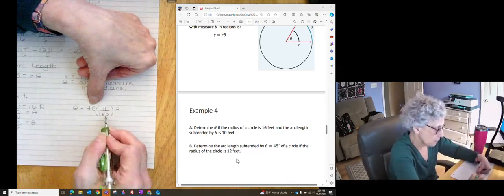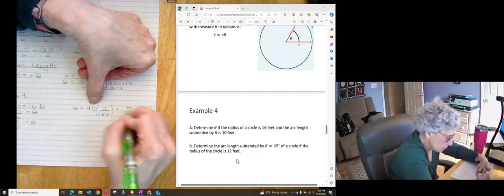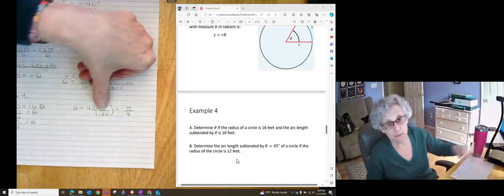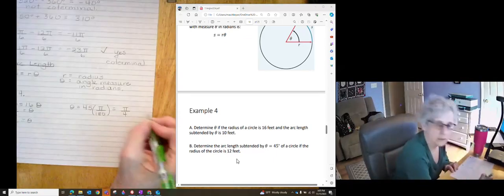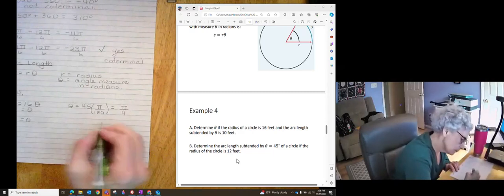So 45 over 180 is 1/4. This is pi fourths. 45 degrees is pi over 4. Again, by the end of the semester, you're going to know this so well.